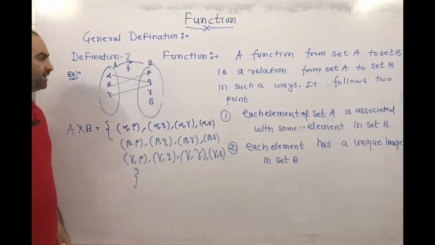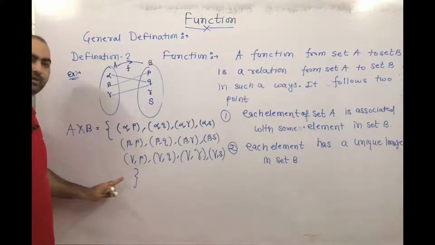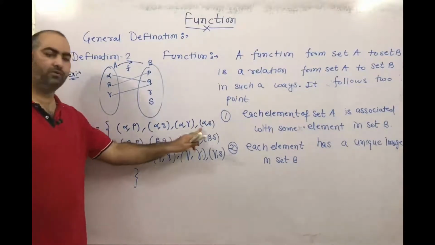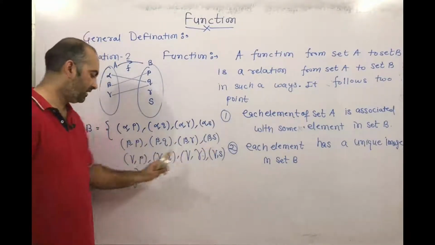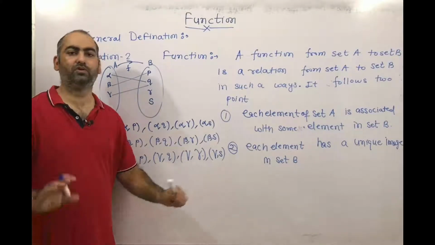So how many will come? 3 into 4, so 12 ordered pairs will come. 1, 2, 3, 4, 5, 6, 7, 8, 9, 10, 11, 12. So 12 ordered pairs will come.